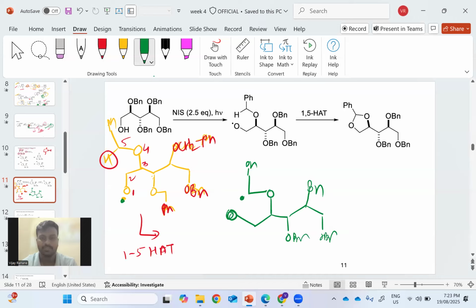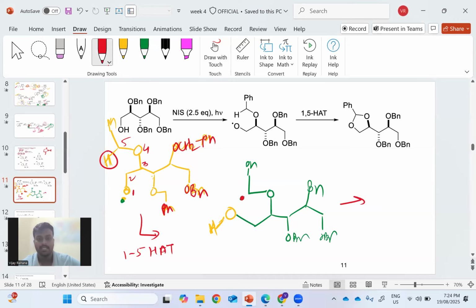Once the hydrogen is shifted to this oxygen, or hydrogen transfer takes place, the radical will be on this carbon, right, at this CH2 position.